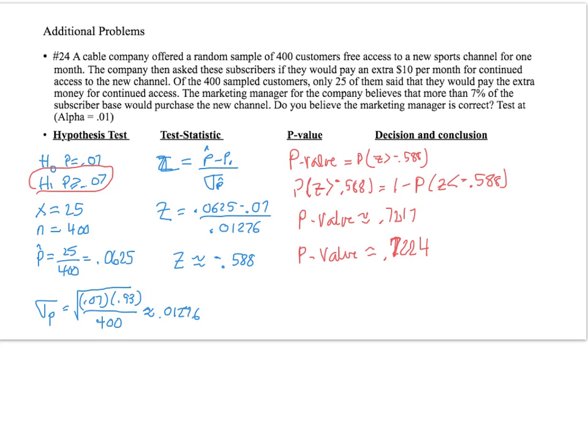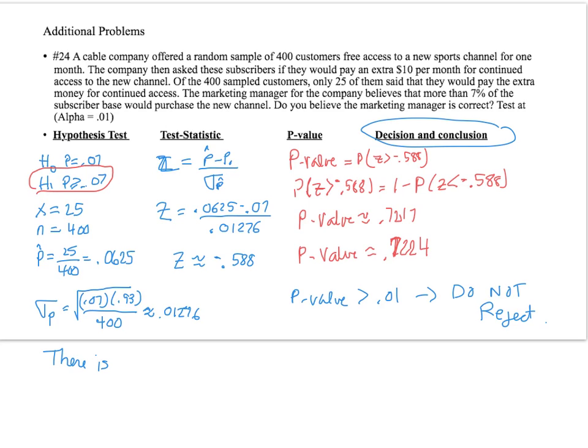Well, we can see for our decision that the p-value is greater than 0.01. So we do not reject. And in this particular case, we say there is no evidence.